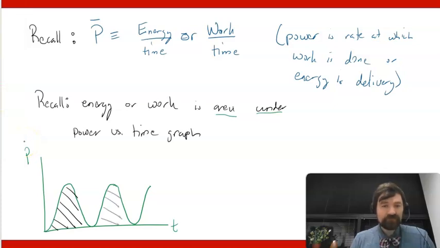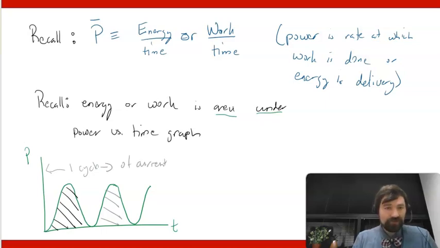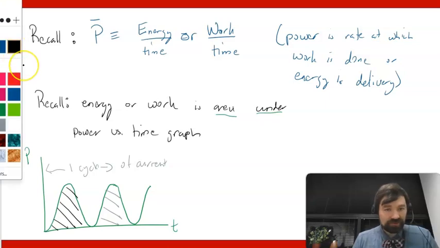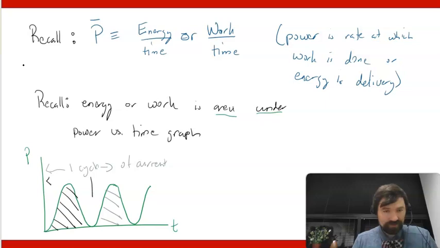So this collectively is one cycle of current. The black part only, this part right here, this is one cycle of power.